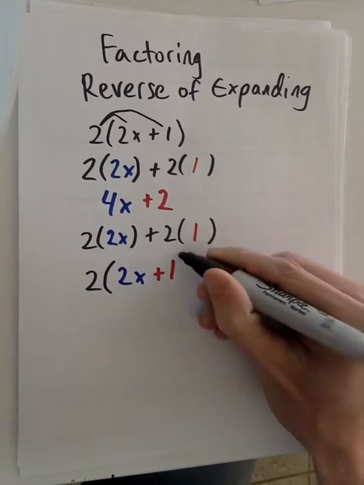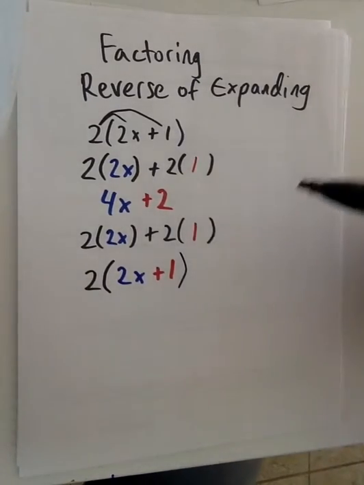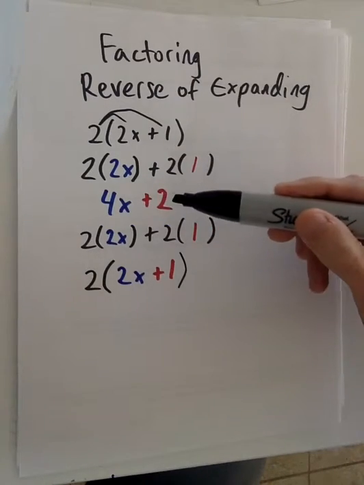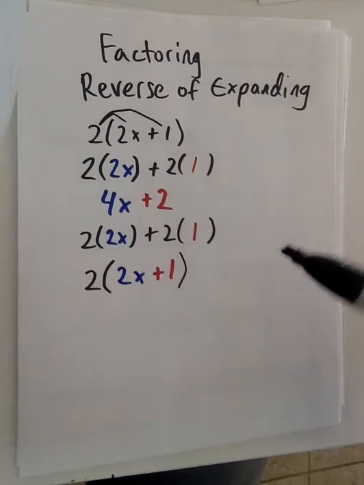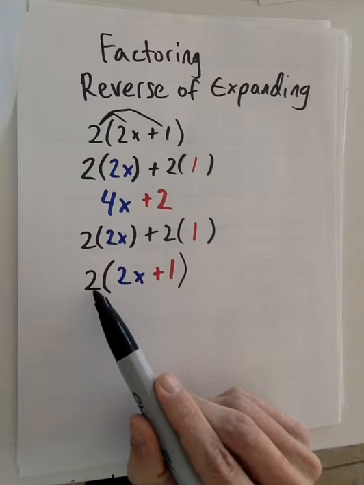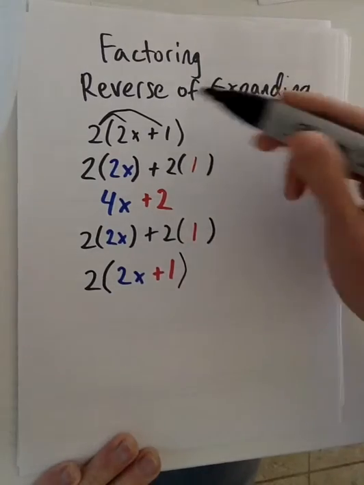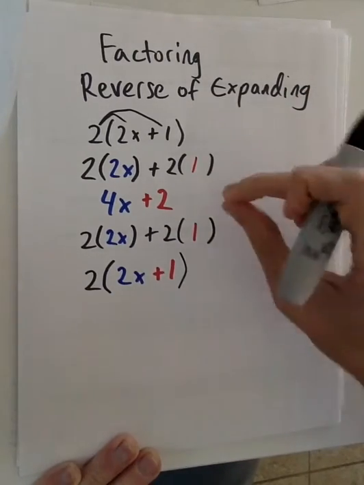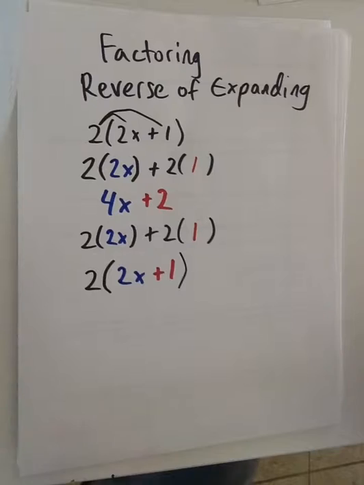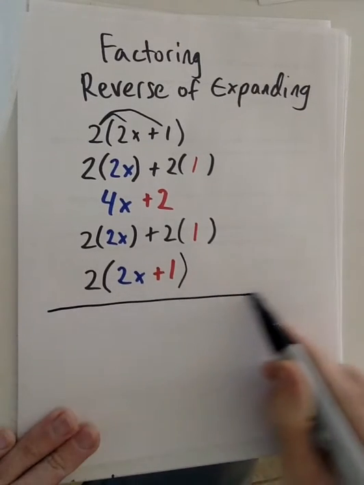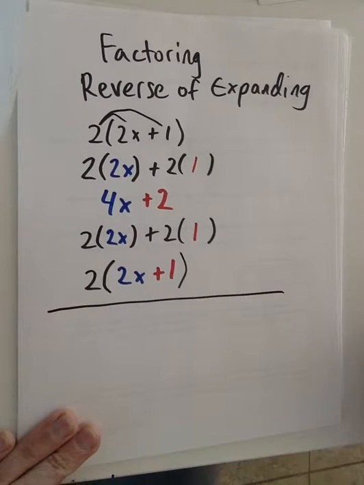So now we're back to where we started. We have factored this expression. We factored out a 2, and that 2 is here, and now we have 2x plus 1. So I hope this helps you see how factoring is the reverse of expanding. They undo each other. And maybe we can try now another example, but we'll just start with the factoring.